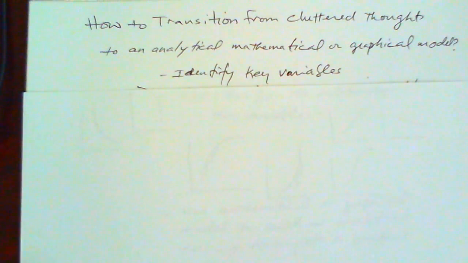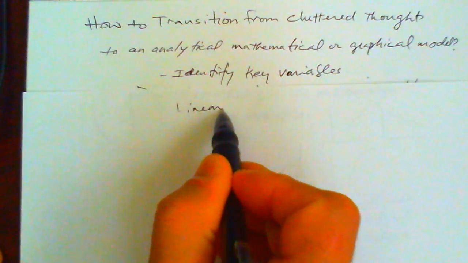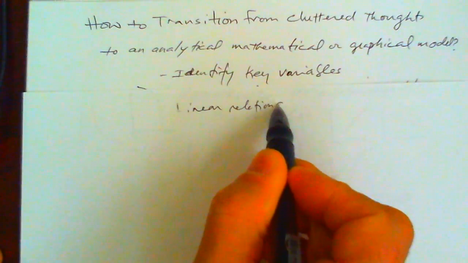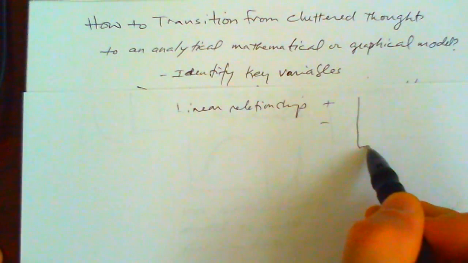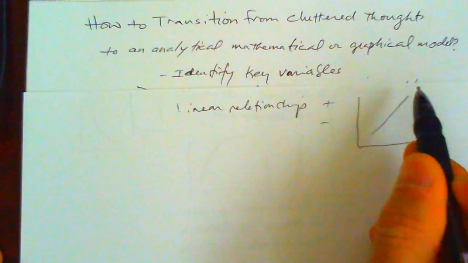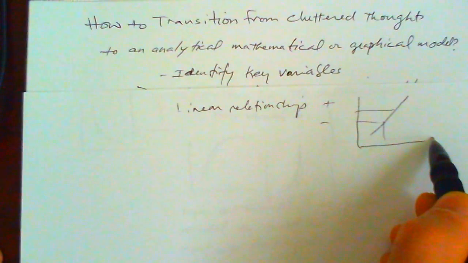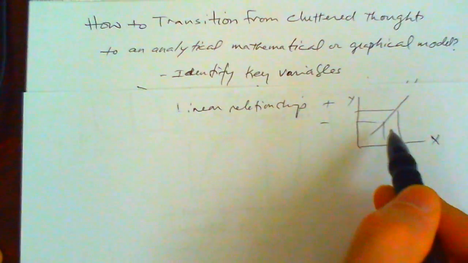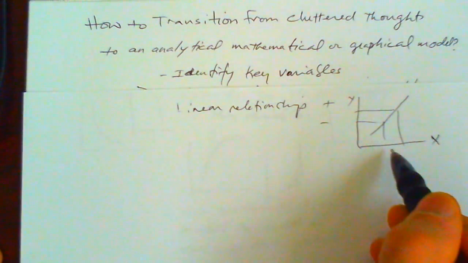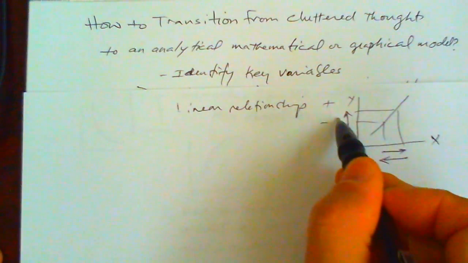And so now these relationships can have all different forms. You can have a linear relationship, and they could be positive or negative. An example of a positive relationship would be an upward sloping curve, which means that anytime x changes, y changes in the same direction. So x goes in this direction, y goes in that direction, and vice versa.